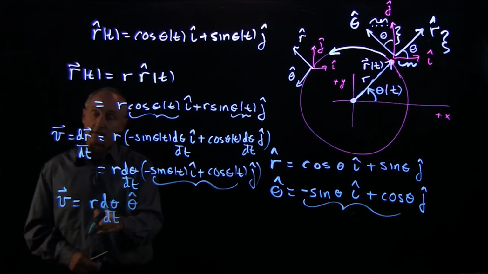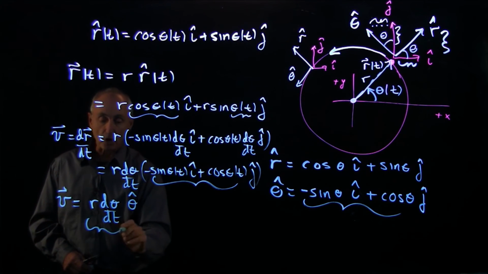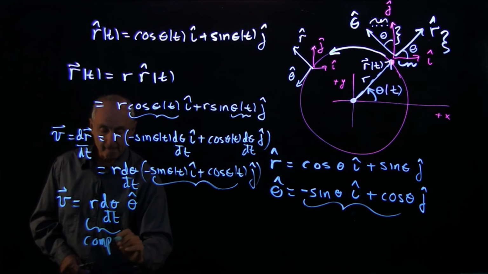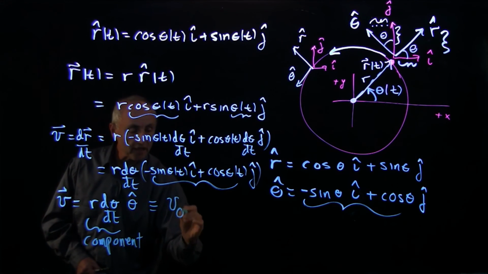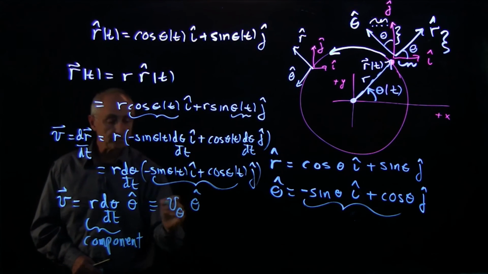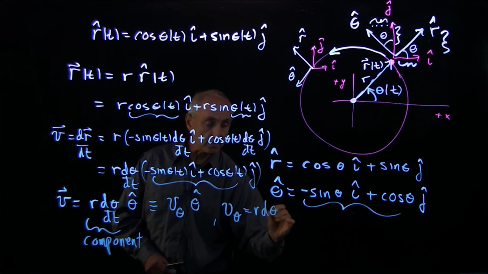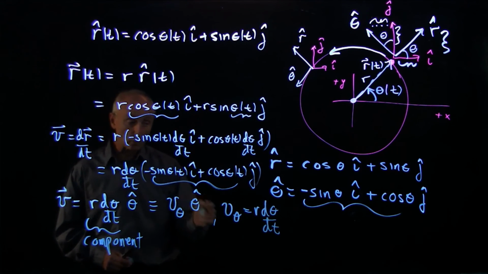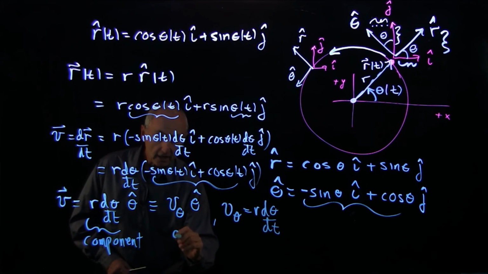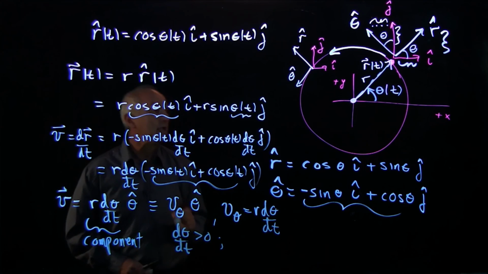When we write a vector like this, it's pointing tangentially, in the theta hat direction, and this part is the component. So often we can use a notation v theta theta hat, where v theta is the component r d theta dt. Now, this component can be positive or negative or 0. For example, if d theta dt is positive, what does that mean?